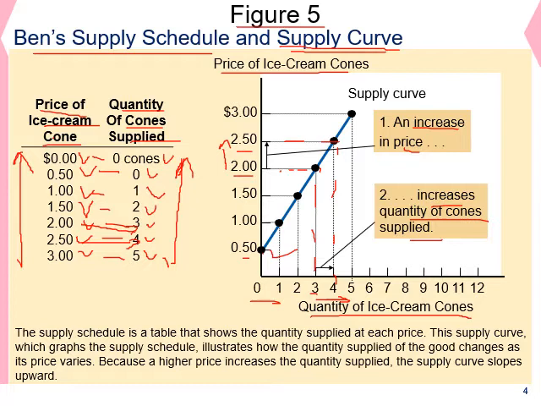Therefore, the supply curve is upward sloping, or positively sloped, because of the law of supply. Because a higher price increases the quantity supplied, the supply curve slopes upward.